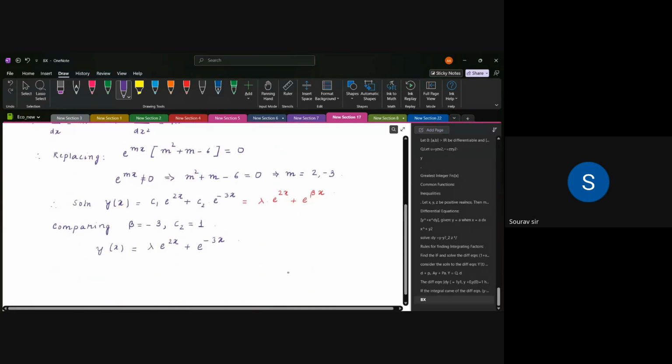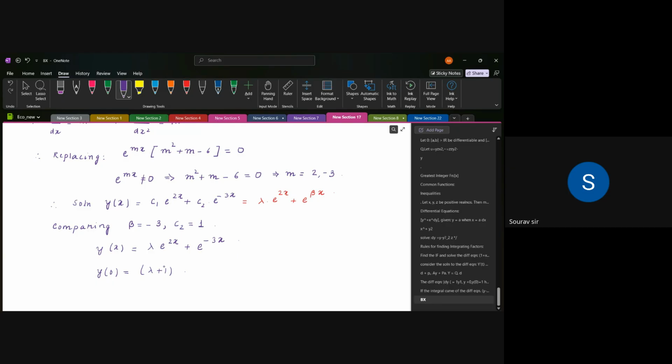So we need to find y of 0. So y of 0 is lambda plus 1. So now I need to find out lambda, right? How can we do that?